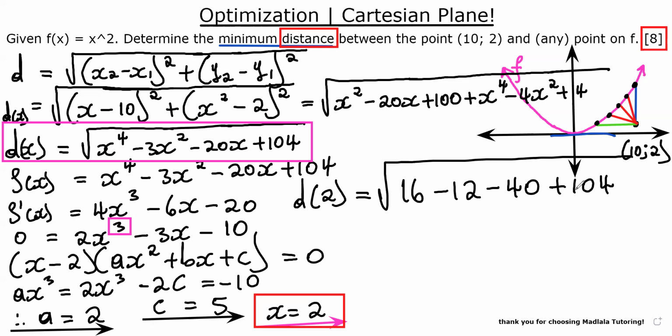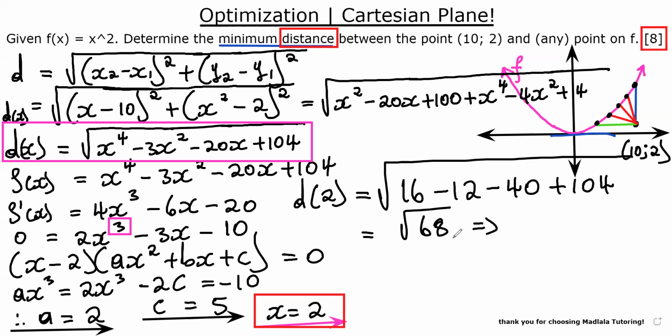So if you say 16 minus 12 minus 40 plus 104, well, you're simply going to get the square root of 68. And what is the square root of 68?